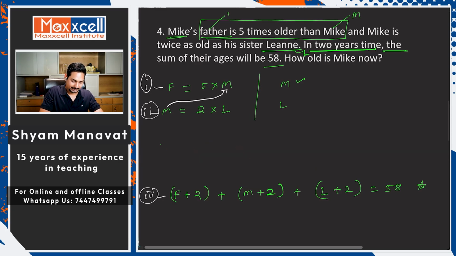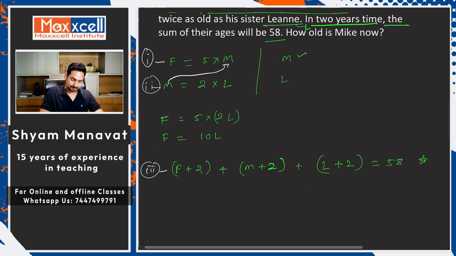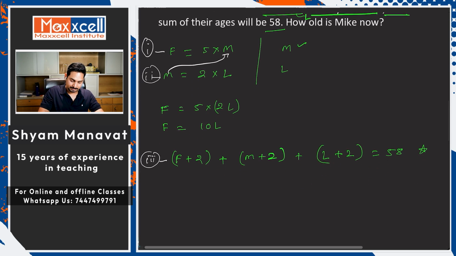So now, after substitution, I can say F equal to 2 into 2L. ये आपका M का वैल्यू है. Correct. So can I say F is equal to 4L? चलेगा? नहीं नहीं नहीं, 5 था यहाँ पे. Yes. Can I say F equal to 10L? चलेगा? Okay.